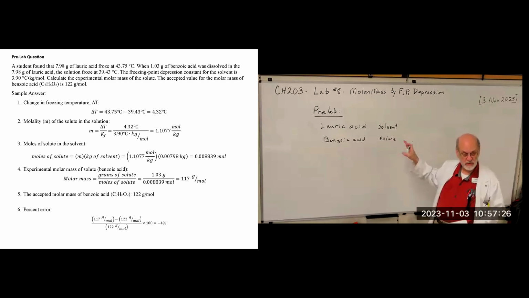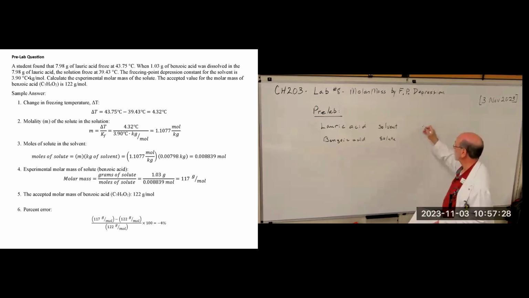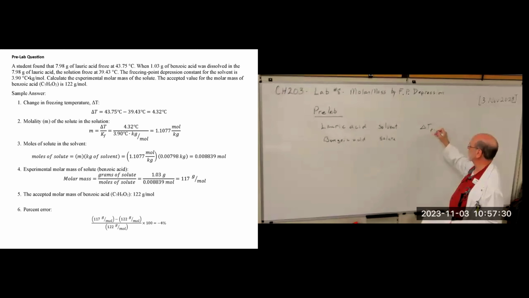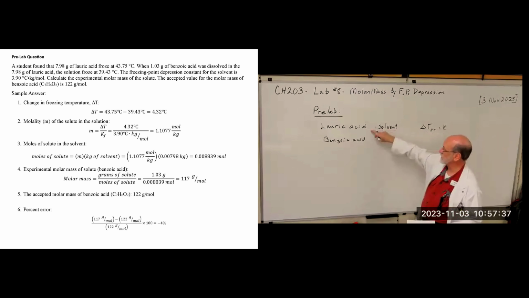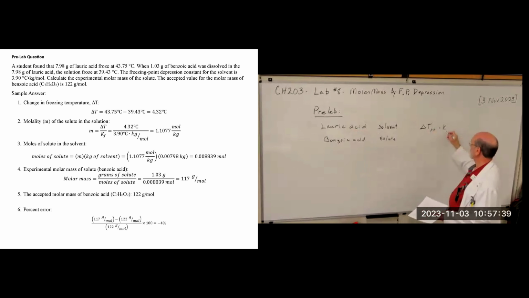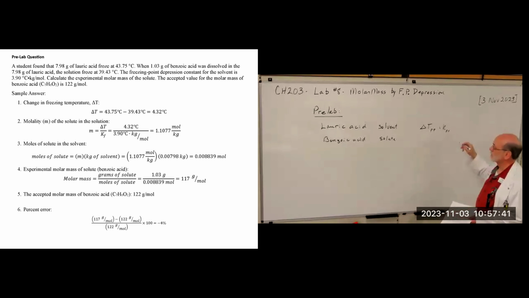And we're going to use the formula, freezing point depression, change in freezing point, equals this K value, which is for the solvent. It's the freezing point depression constant for lauric acid.